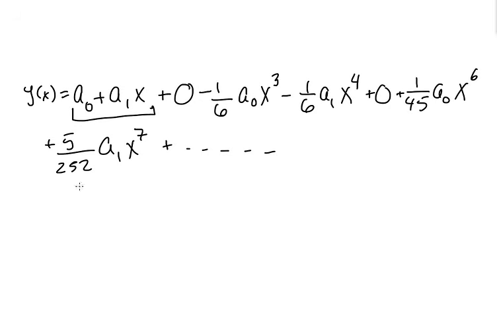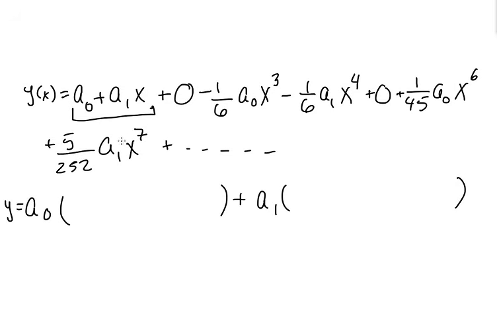So we're going to use this. So we're going to have a sub 0 times, and this is y equals a sub 0 and a sub 1. Okay, so we're using this.